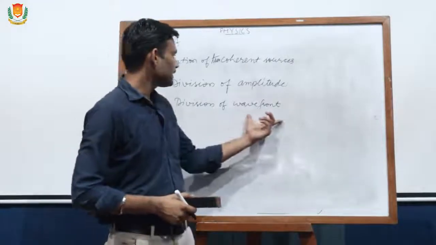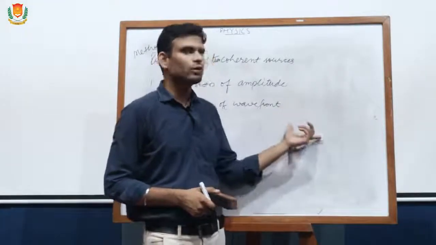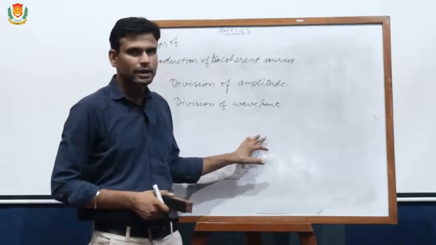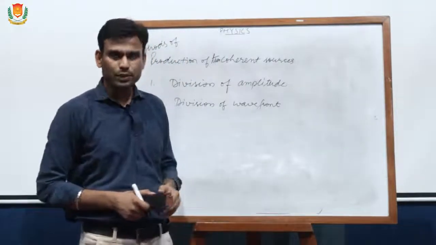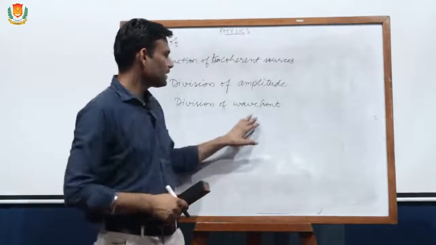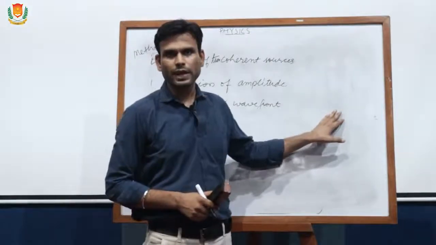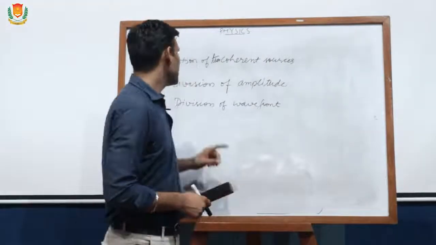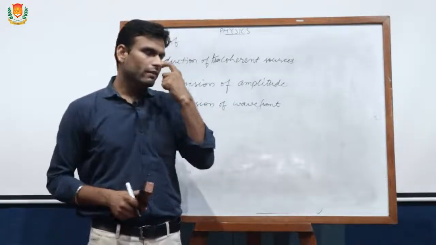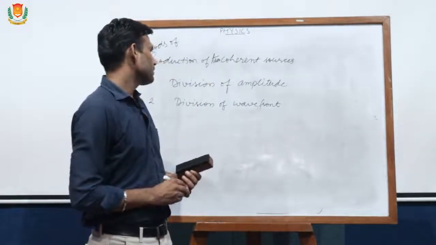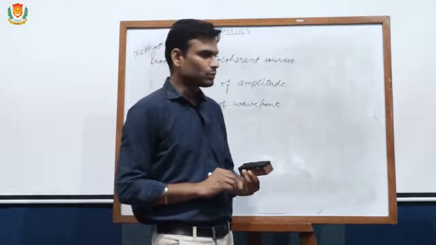And in division of wavefront, we produce two coherent sources from a single source. They have the same amplitude. So in division of wavefront, both the coherent sources have the same intensities, but in the division of amplitude, we do not have sources of the same amplitude.